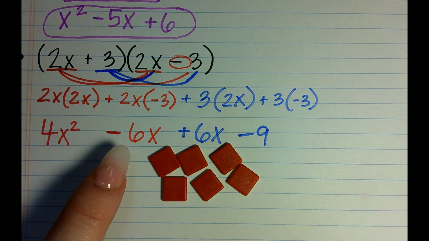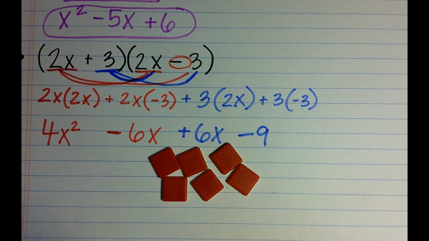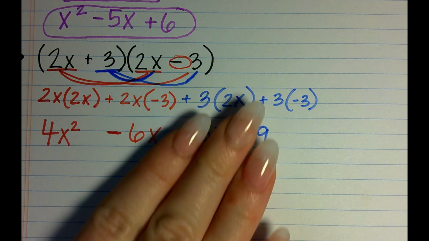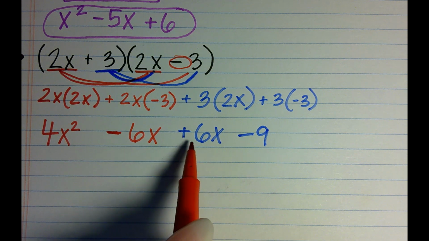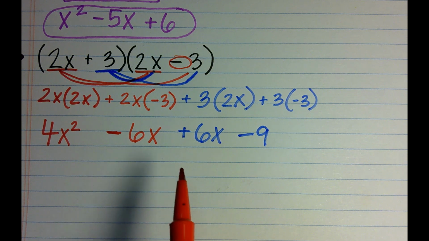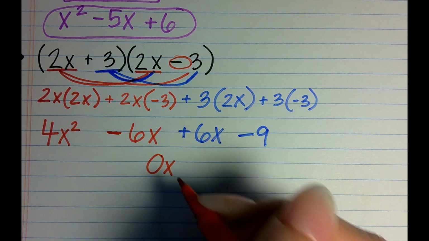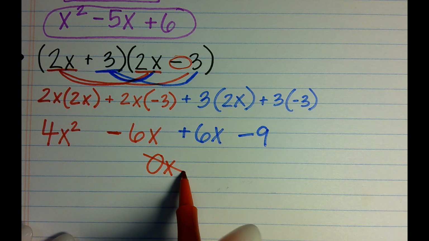It would be 1x if we had negative 5x and 6x, because we would subtract 5 and be left with 1. But as you can see, these are all red. They're gone. There are no x's left at all. What's really happening is I have 6 minus 6, which is 0. If I have 0x, that means I have no x's. There's no point in writing 0x.